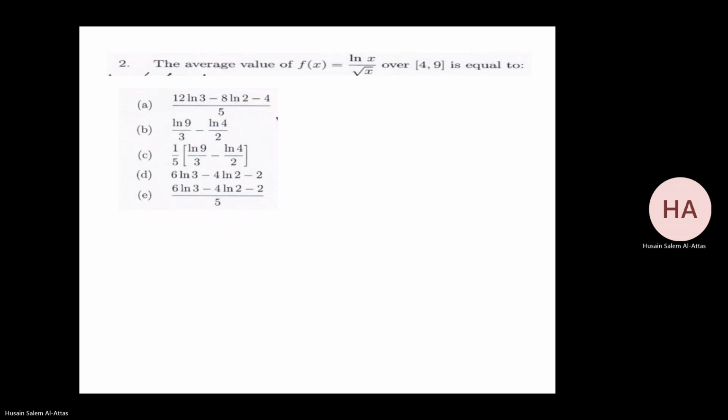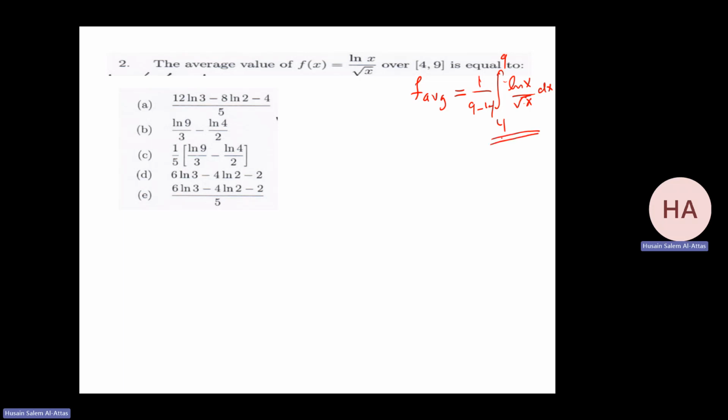Okay, the average value. When you do the integral, we need integration by parts. So f average will be what? Integral, don't forget the fraction, 1 over 9 minus 4, integral from 4 to 9 of ln x over square root of x dx.